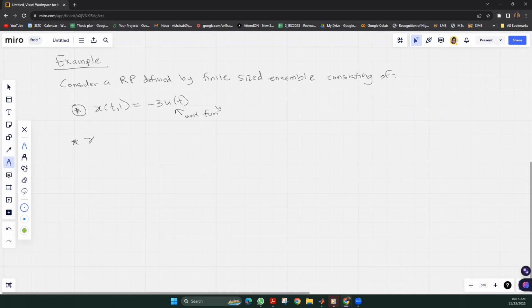Then x(t, 2), which means these realization values behave against time and correspond to outcome number 2, is cos(pi t) u(t).